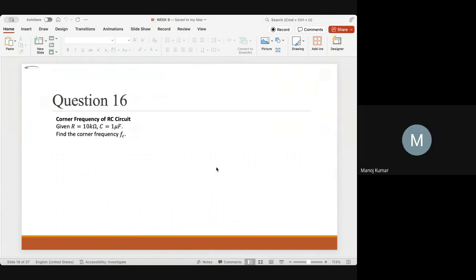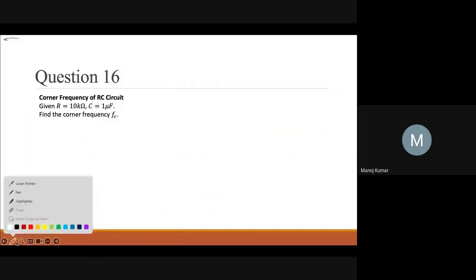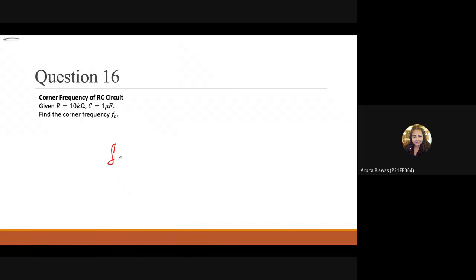Ma'am, tau is equal to RC, the time constant. Yes, so we get 10 millisecond as the time constant. Fc is equal to 1 by 2 pi tau, which is 1 by 2 pi RC. R equal to 10 kilo ohm.